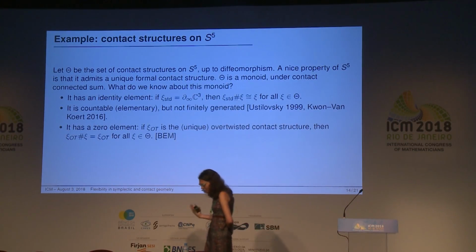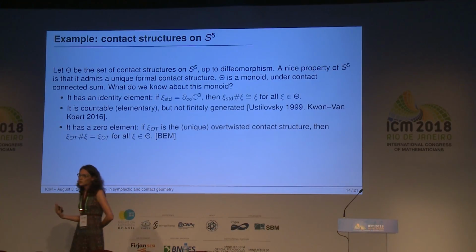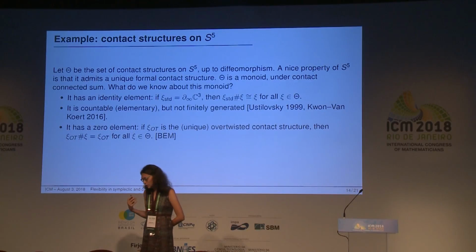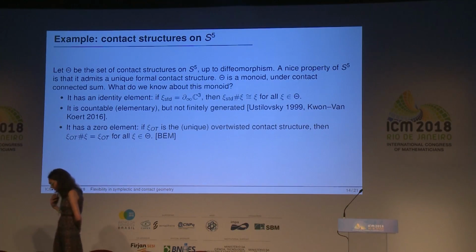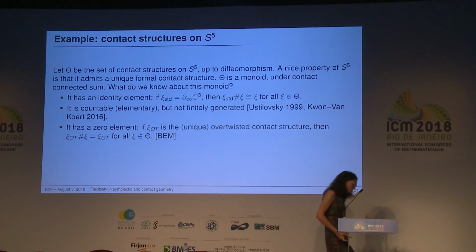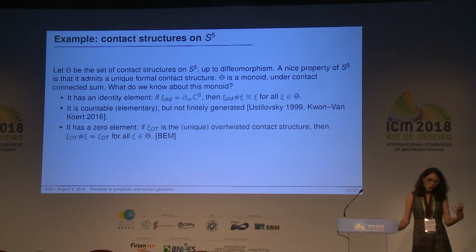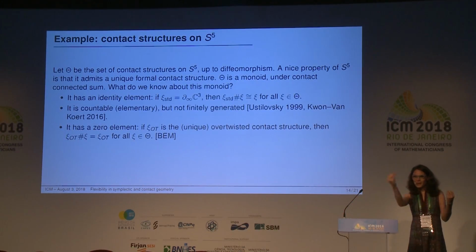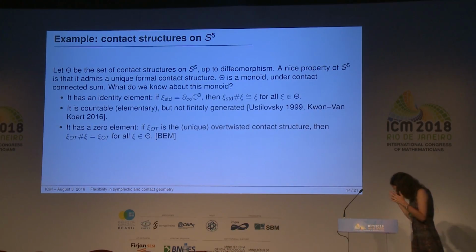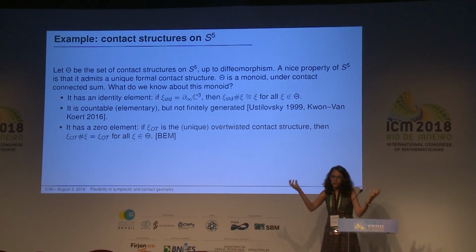What overtwistedness does for us is it gives us a zero element in here. It's some sort of geometry which, even though the set of all contact structures on S5 is very rich, there are very many of them, not even finitely generated, is this geometry which destroys all other geometries. So I may have a contact structure on one sphere which is all kinds of complicated, and classifying it may be an extremely hard problem.